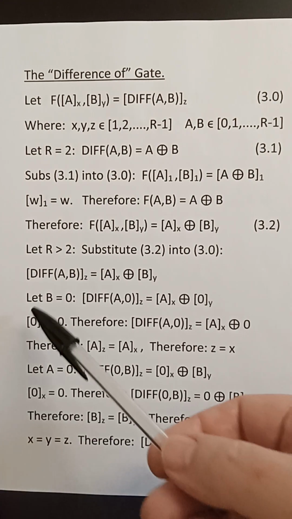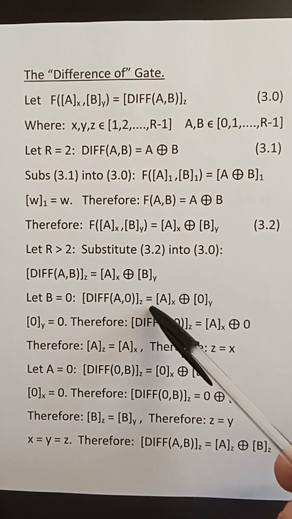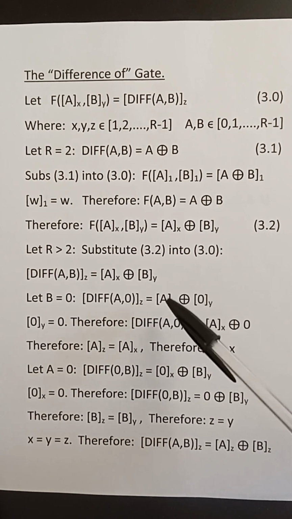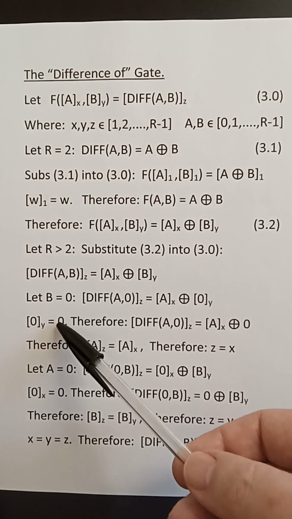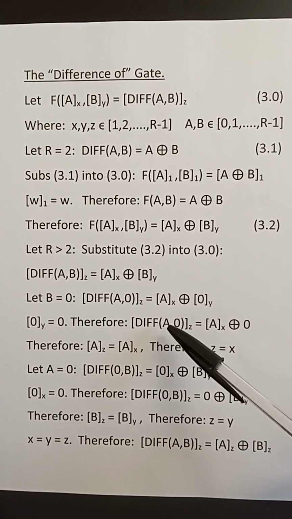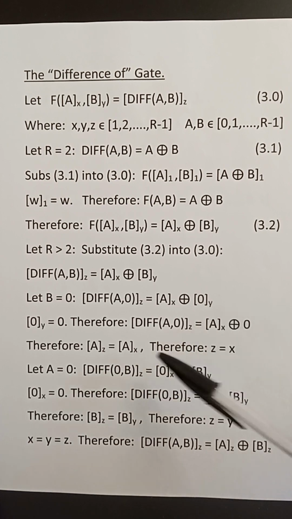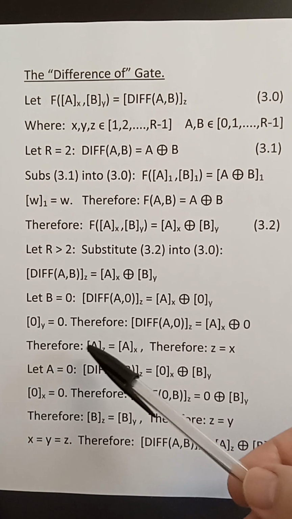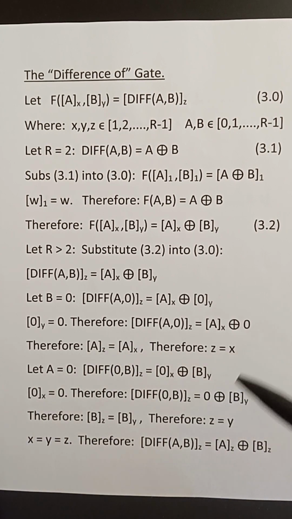So now we're going to let b equals 0, difference(a,0)^z equals a^x exclusive or 0^y. 0^y equals 0, therefore difference(a,0)^z equals a^x exclusive or 0. Now this equals a, and so a^x exclusive or 0 equals a^x. So we conclude that a^z equals a^x, therefore z equals x.